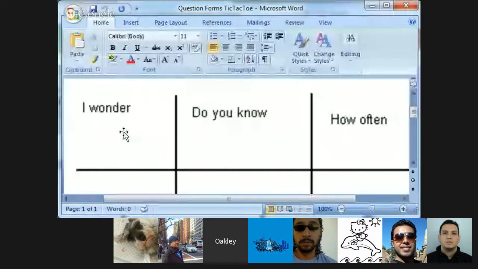As we go one by one, we're going to take turns to form a question using the beginning of the question you see on the grid when it's your turn. For example, Heidi, going left to right, common English reading order, you're going to start with I wonder. Think about that for just a second while I say hello to Mustafa.